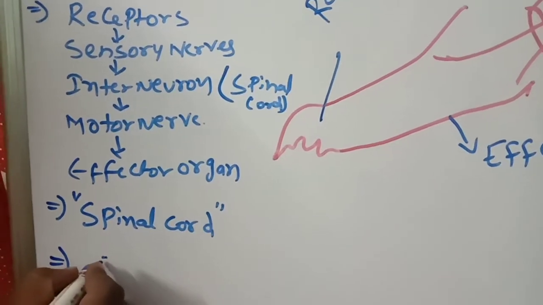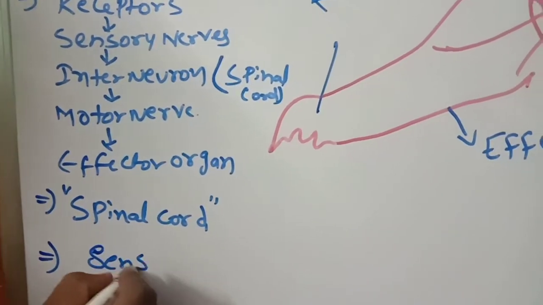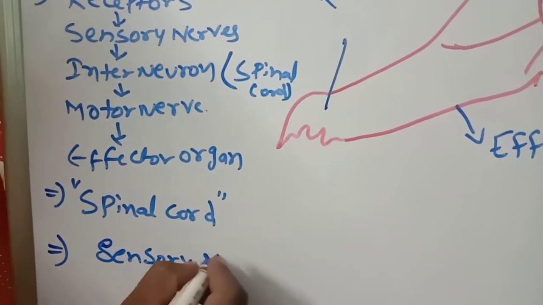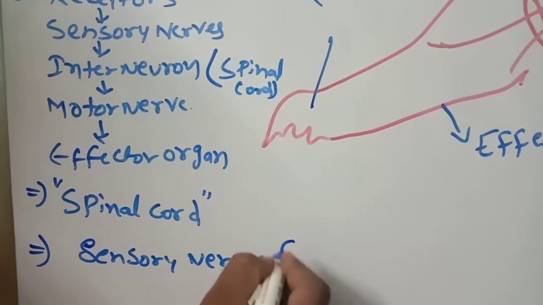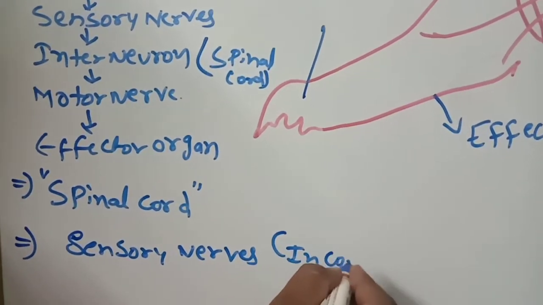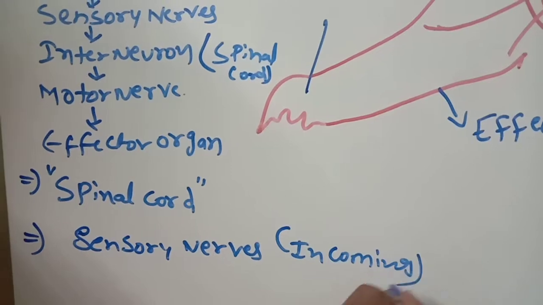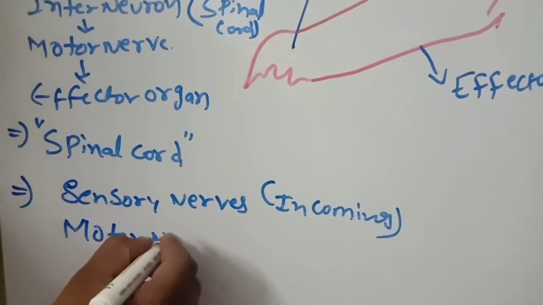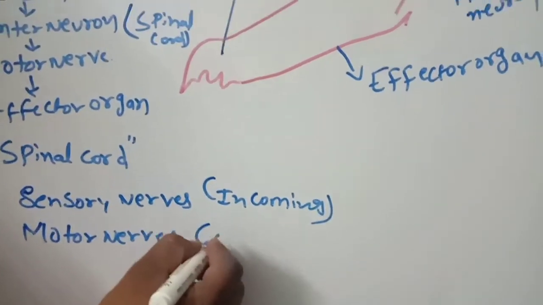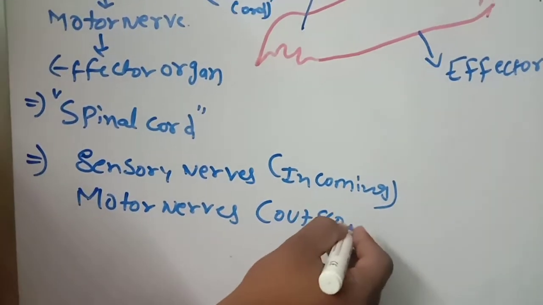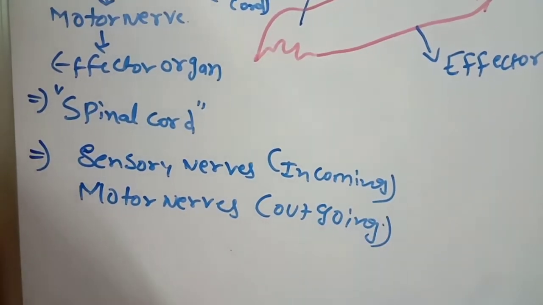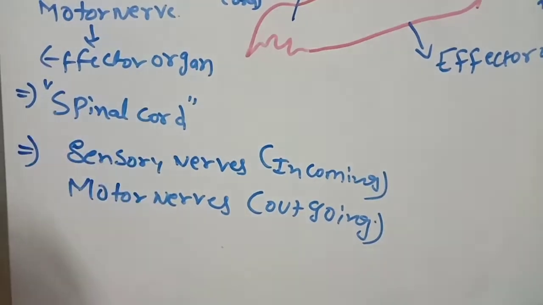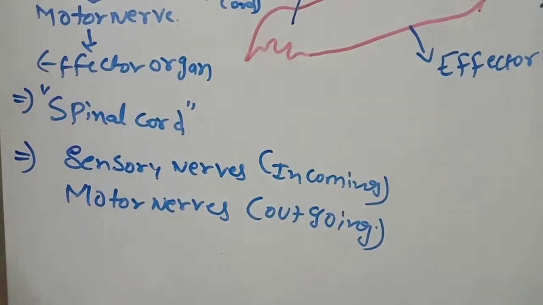Sensory nerves are incoming; they take the information to the brain. Motor nerves are outgoing; they take the information from the brain.